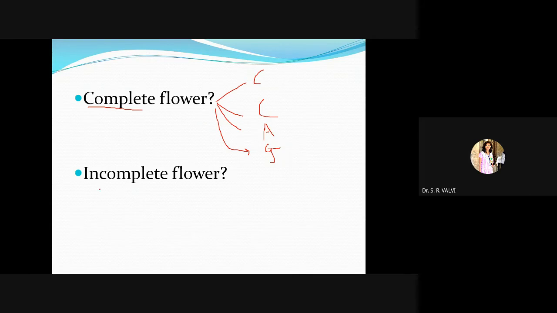Where when the flower is not having one of these floral whorls, suppose it is having calyx, corolla, and androecium, but it is not having gynoecium, then the flower is said to be incomplete.